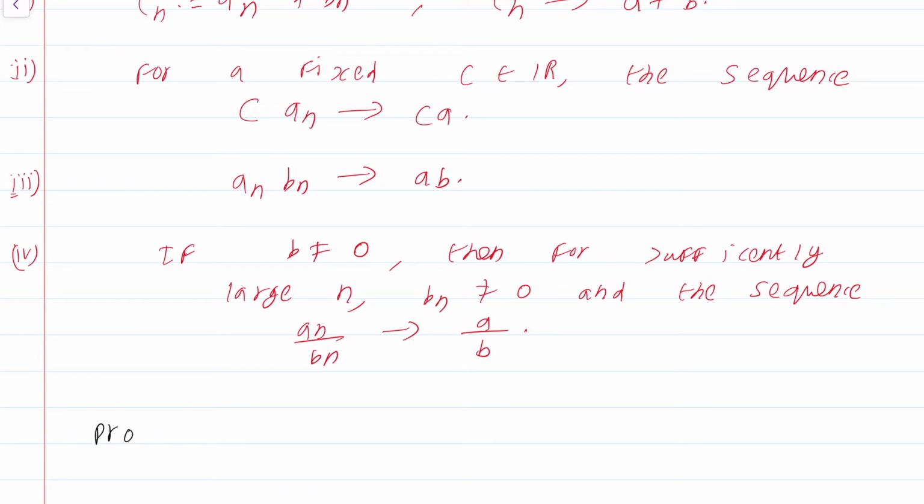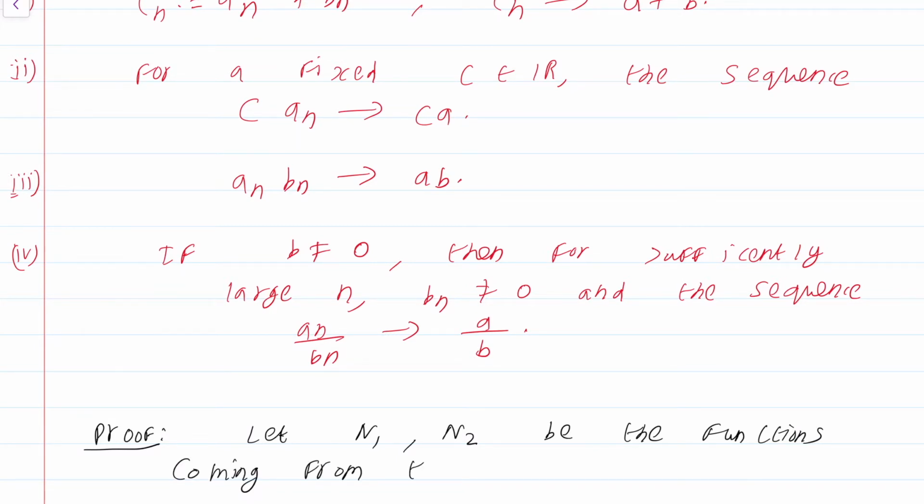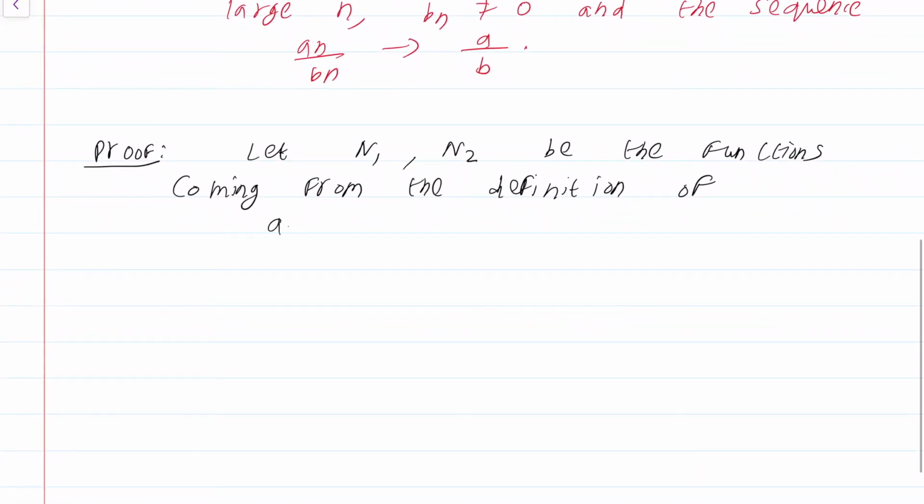Proof. So the first part, I have to show that an plus bn converges to a plus b. Let N1, N2 be the functions coming from the definition of an converging to a and bn converging to b respectively.